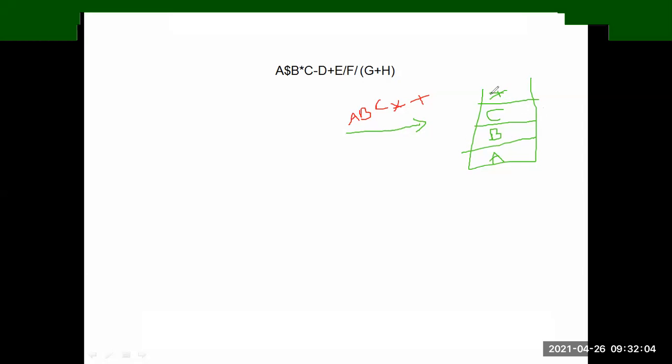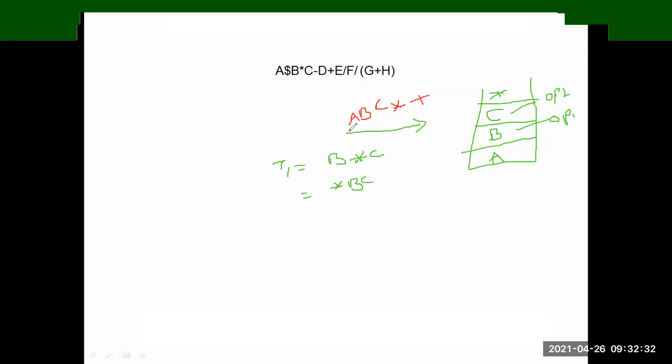Here an operator is there, so it takes two operands: this is operand 2, this is operand 1. So perform the operation between these two. I am taking T1 equals B star C, which is the infix expression, and star BC is the prefix expression.